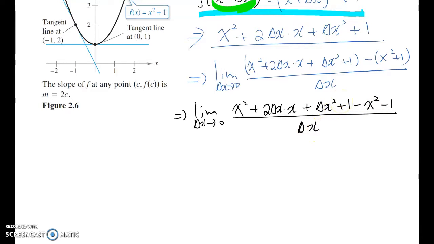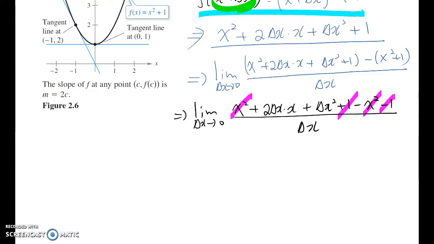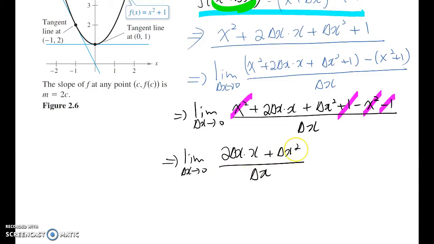So from here you can cancel out x squared and negative x squared, and 1 minus 1. Then it is going to be the limit as delta x moves to 0 of (2x delta x plus delta x squared) over delta x.